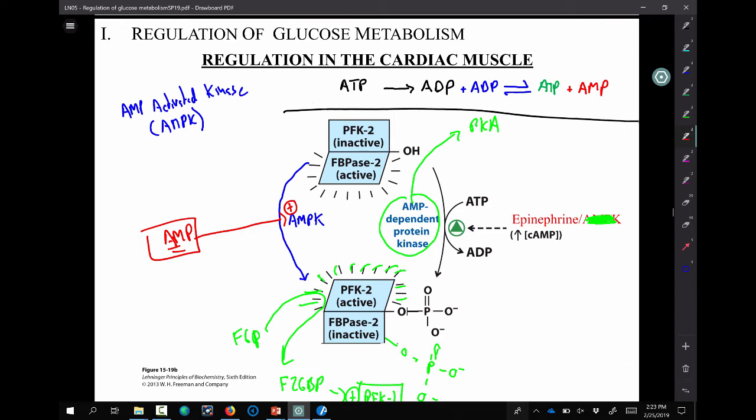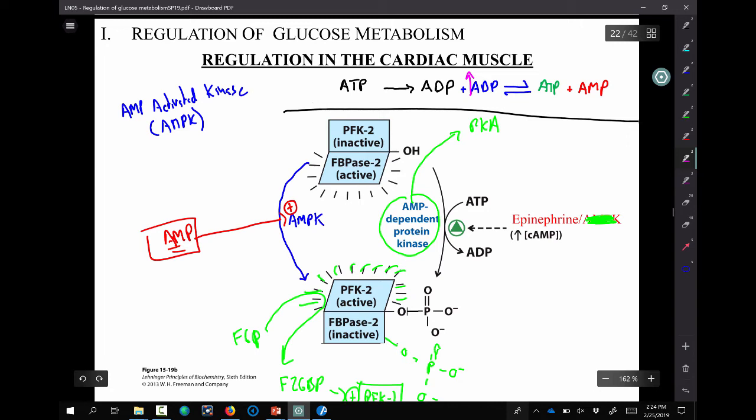So this is true in skeletal muscle. This would be true in cardiac tissue. Anytime ATP is hydrolyzed to ADP, there's another enzyme called adenylate kinase that will take two ADPs and make an ATP and an AMP molecule out of it. So if you have increased contraction of these muscles, then you'll have increased levels of ADP.